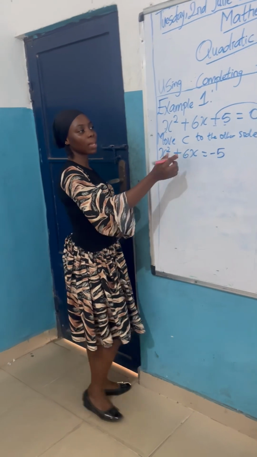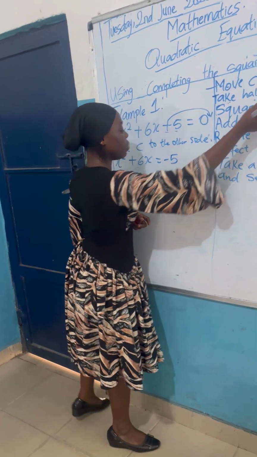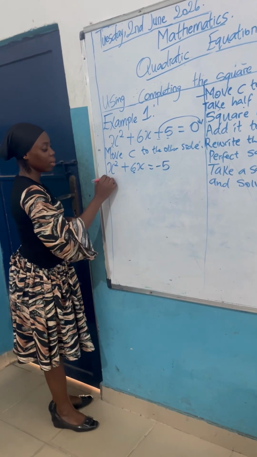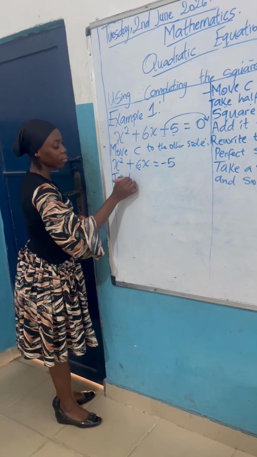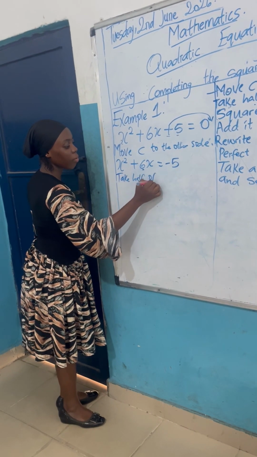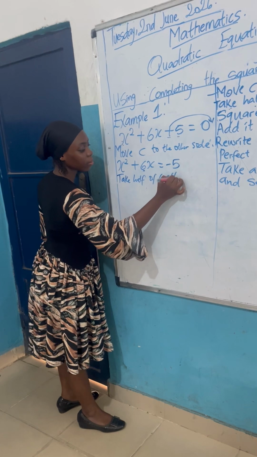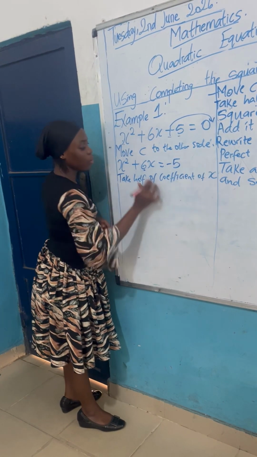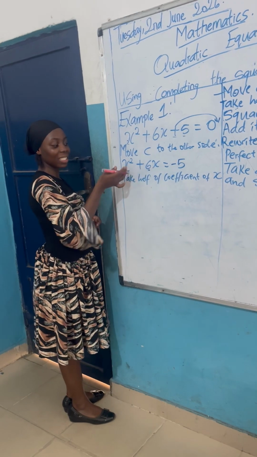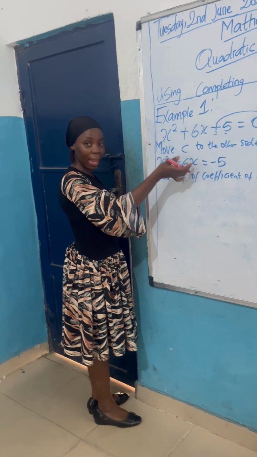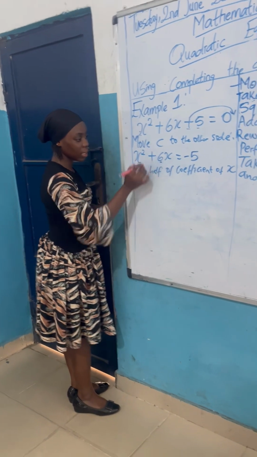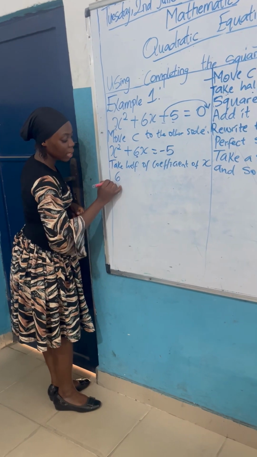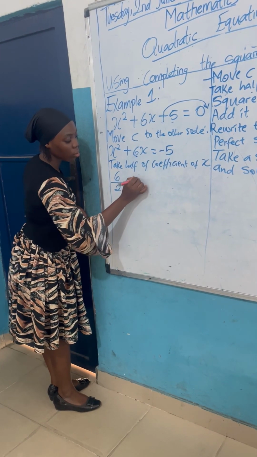Now the second step here is what? Take half of b. Now take half of the coefficient of x. This is x squared, which is different from x. So the coefficient of x is 6, and 6 divided by 2 equals 3.